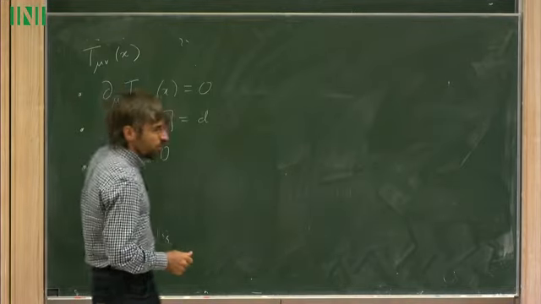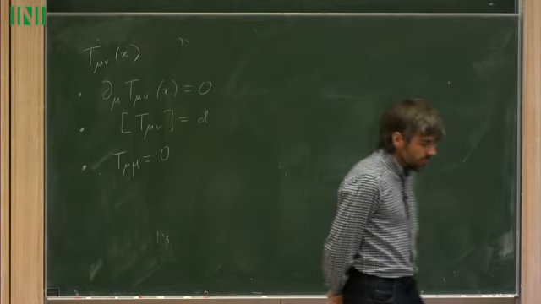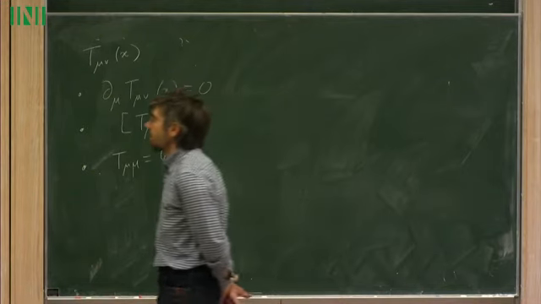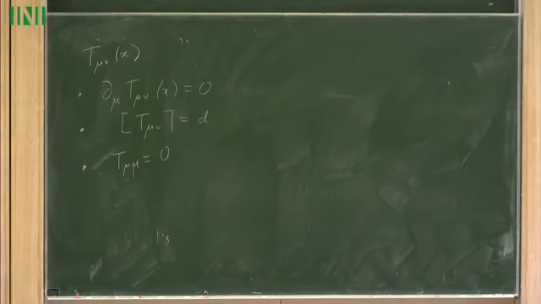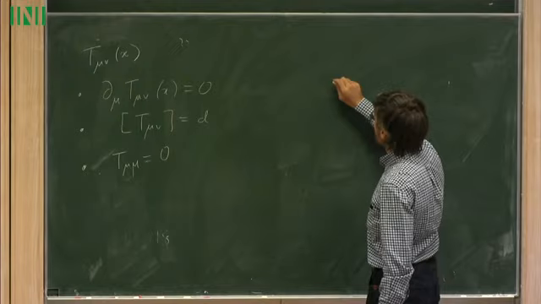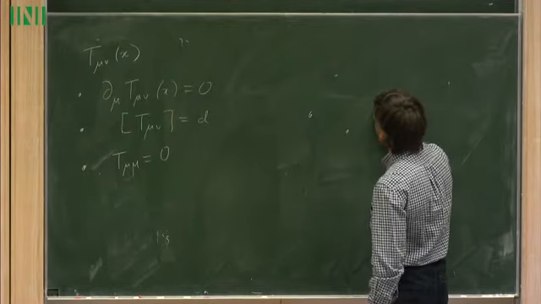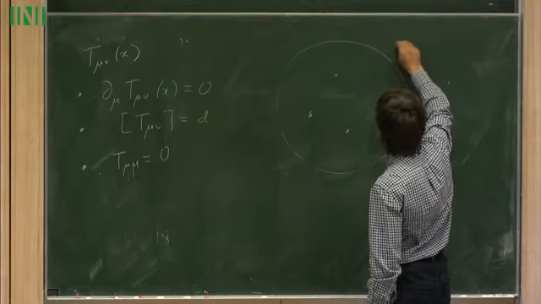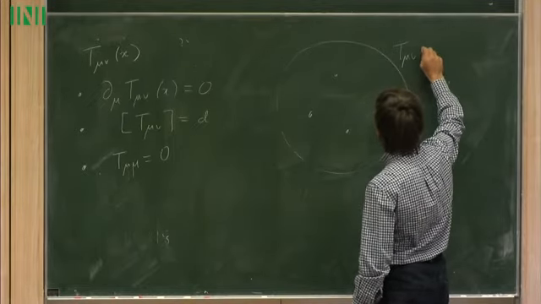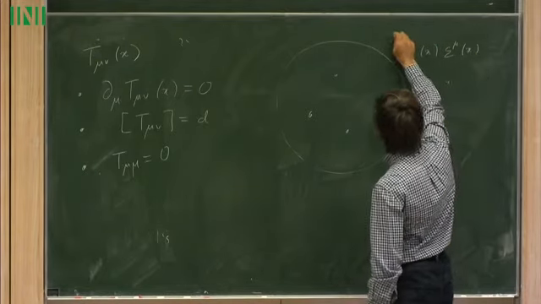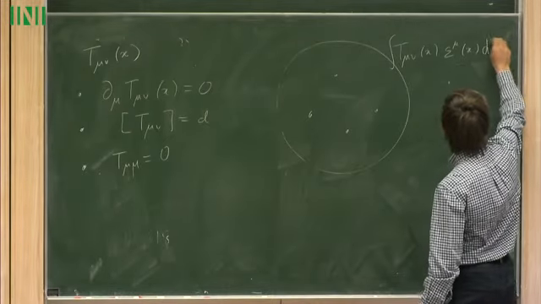But if you buy that T mu nu exists at the critical point, then you can show that correlation functions have to be conformally invariant. The kind of argument that you do is you take a correlation function of a bunch of operators, you surround it by a sphere, and on this sphere you integrate T mu nu times some vector field epsilon mu, with d sigma nu.